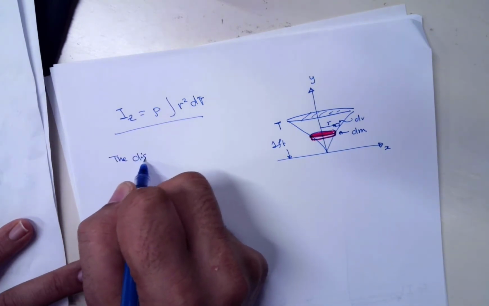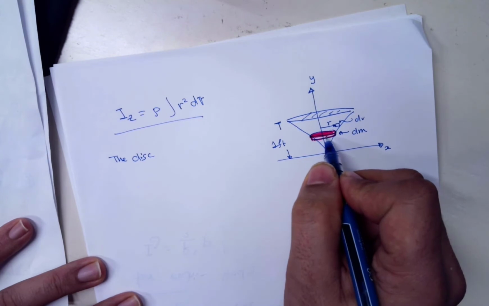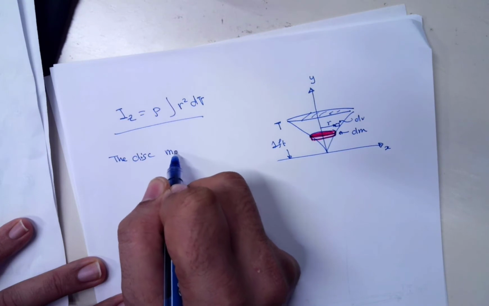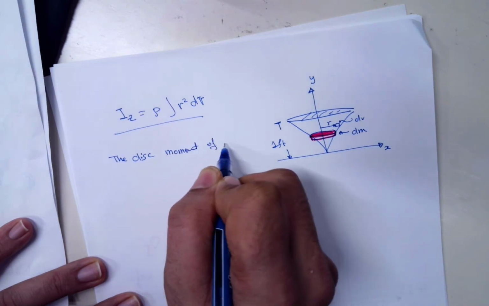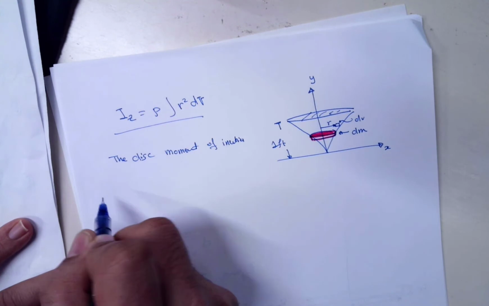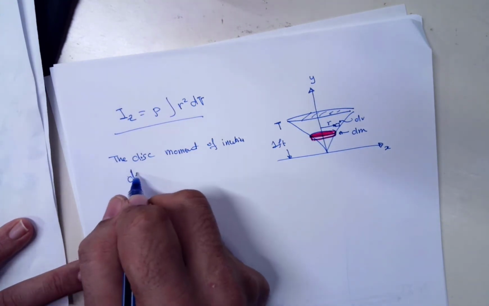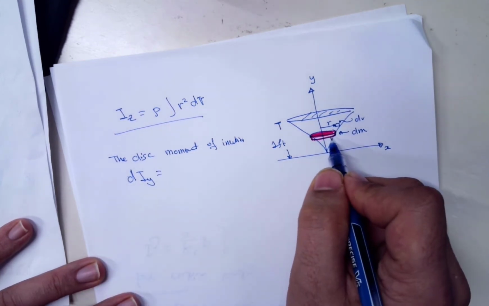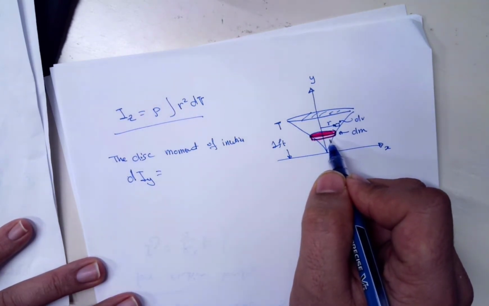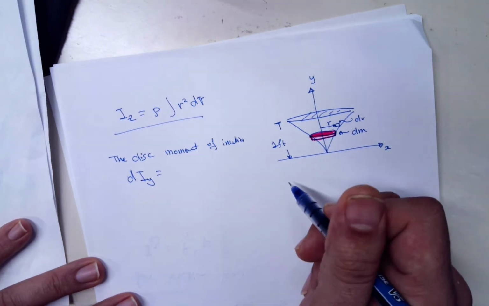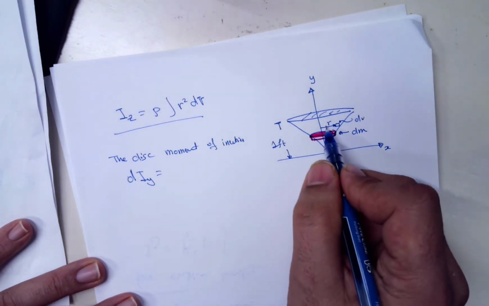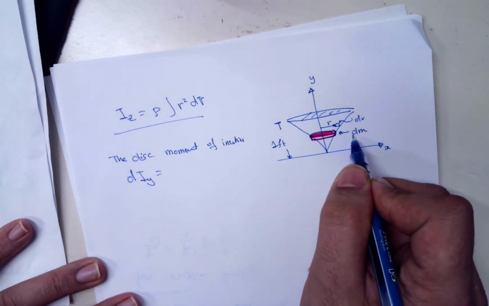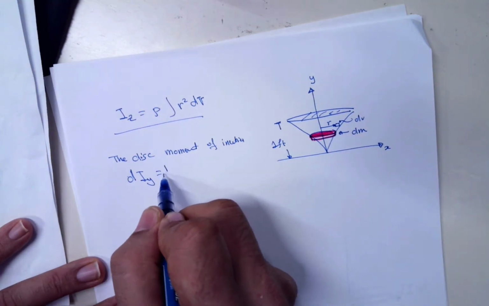Now one thing about this disc is that the moment of inertia of this disc, call it the dIy because it's a differential of that, looks like the moment of inertia of the disc that we found earlier, where the R in this sense is x, and the mass is not a complete mass, it is in fact a partial mass.